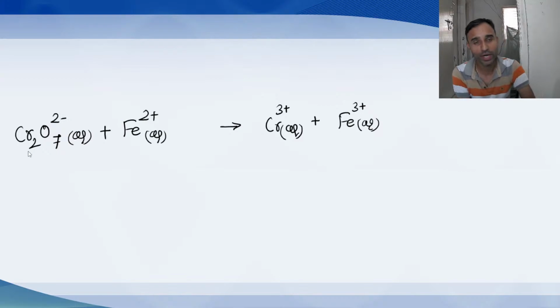So chromium 1, 2, chromium 2. First of all, balance the atoms other than hydrogen and oxygen.